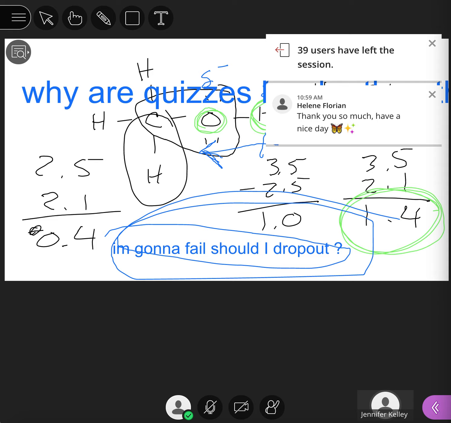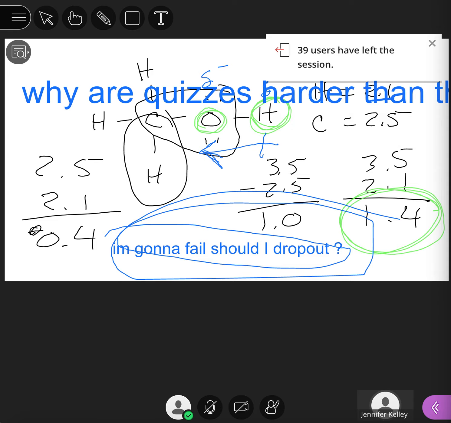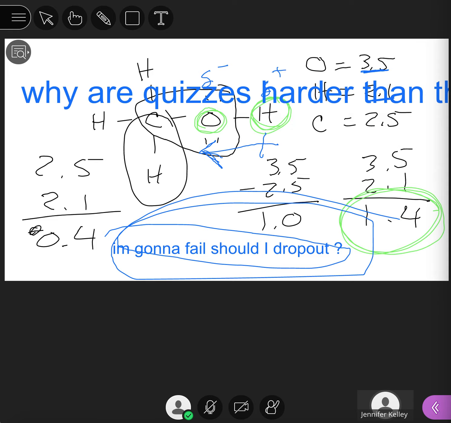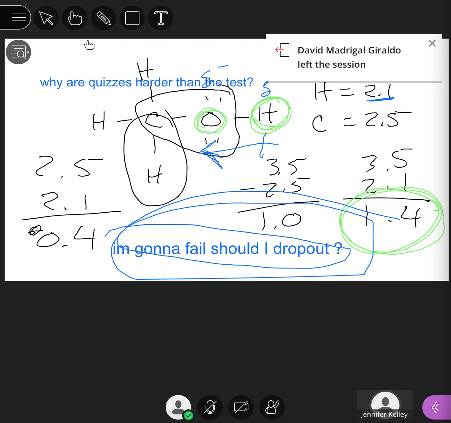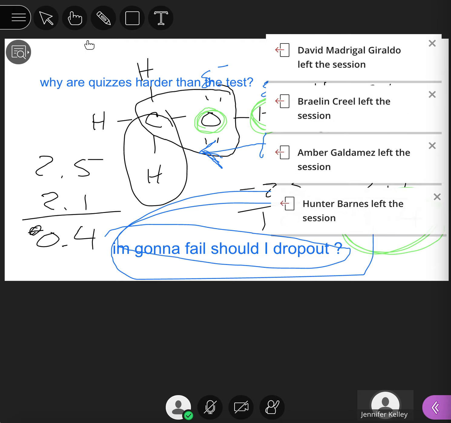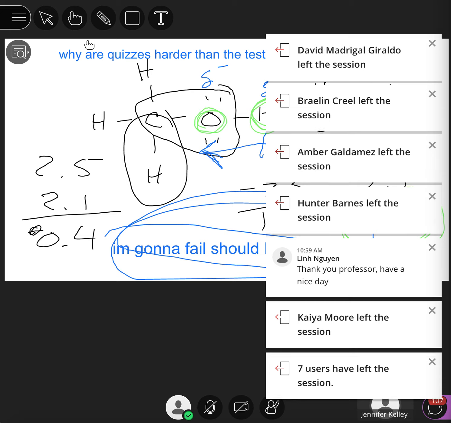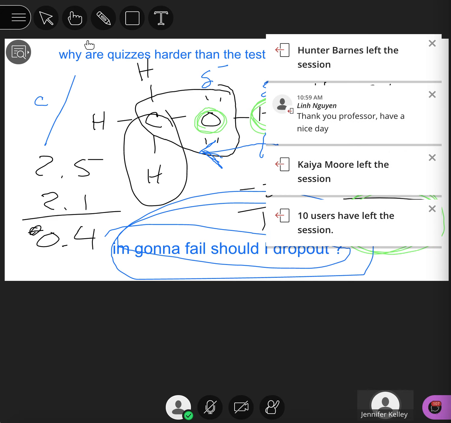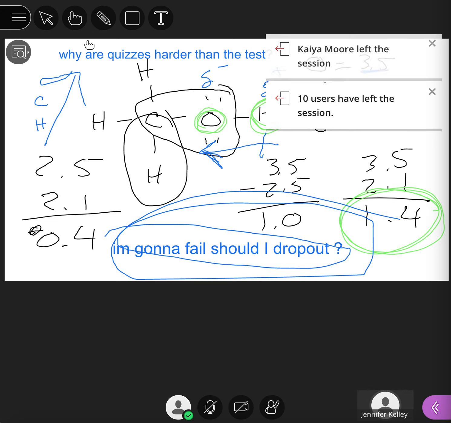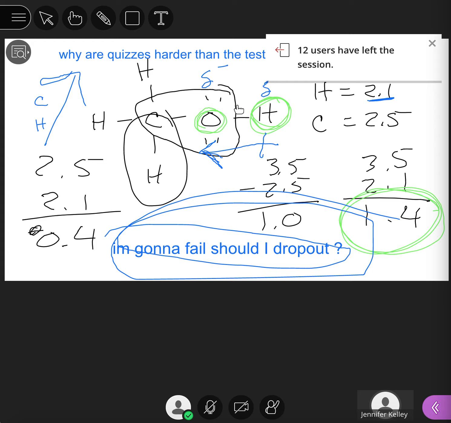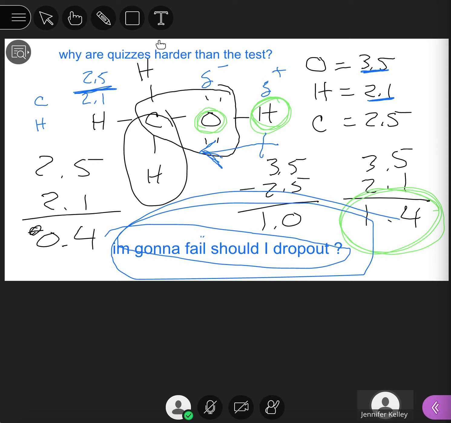Okay, so for one of the homework, one problem asked for the ratio of the electronegativities for the two different elements. That would just be, so if I want the ratio between carbon and hydrogen, carbon's electronegativity is 2.5 and hydrogen's is 2.1. So this is the ratio.